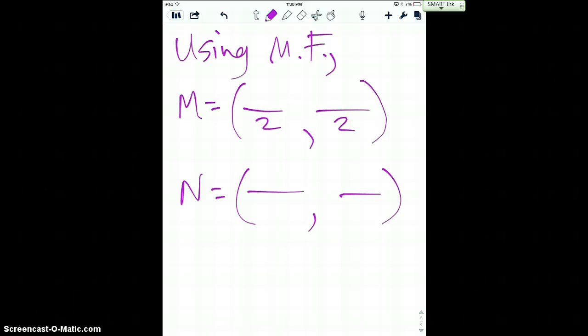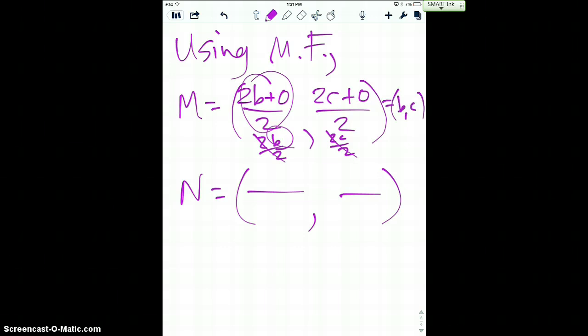The M coordinates, I would have 2b plus 0 divided by 2. And then I would have 2c plus 0 divided by 2. And then when I simplify that, this will simplify to 2b over 2, which then simplifies to b. This one, same thing, 2c over 2, which simplifies to c. So point M is b comma c.